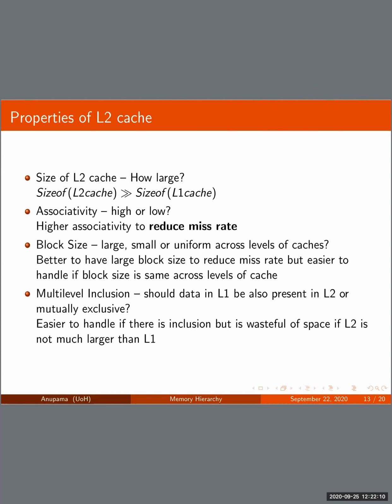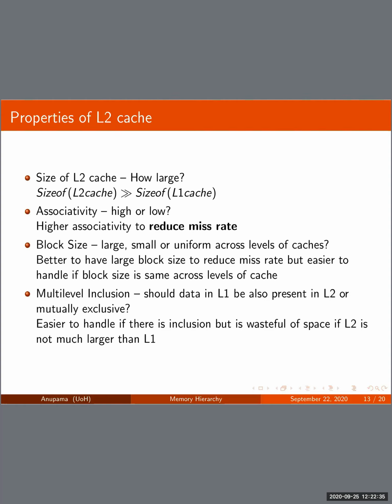Okay. Block size, if you have non-uniform block sizes across the levels, then replacement becomes a problem, especially if you have inclusion, right? Because when you replace a block in L2, you will have to replace the corresponding blocks in L1.